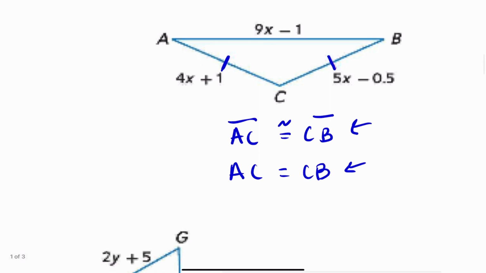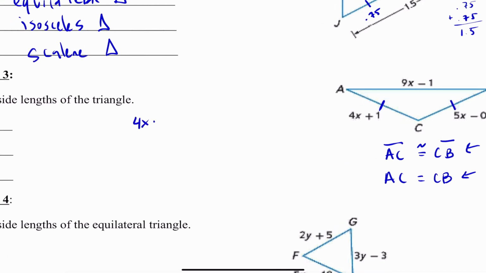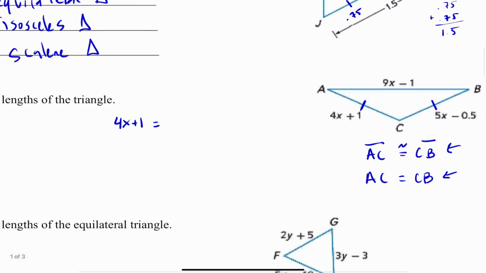So then I'm going to use the substitution rule, and I'm going to put it over here. So I have 4x plus 1 is equal to 5x minus 0.5. Then I am going to subtract both sides by 4x and then add 0.5 to both sides. So I get 1.5 equals x. Okay, so that is what x is equal to.